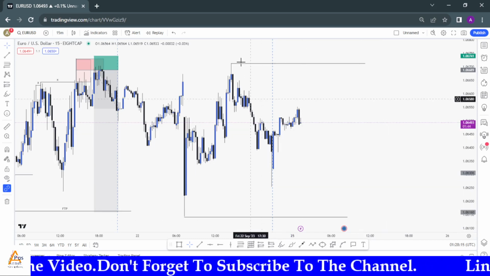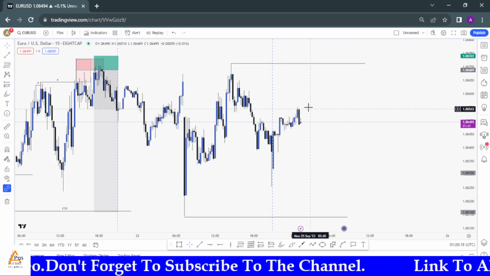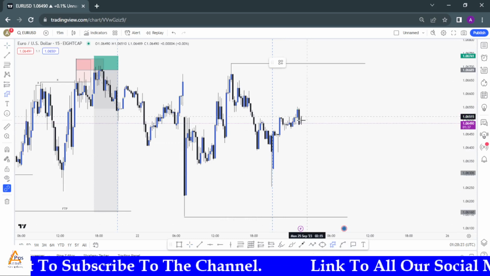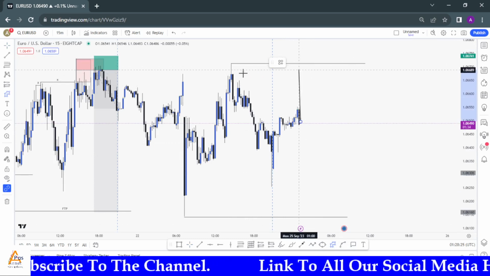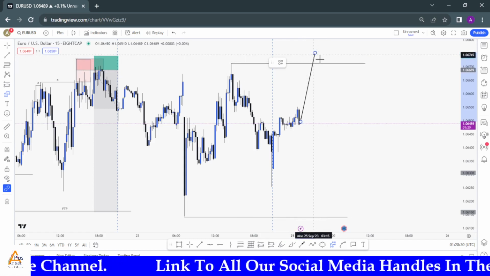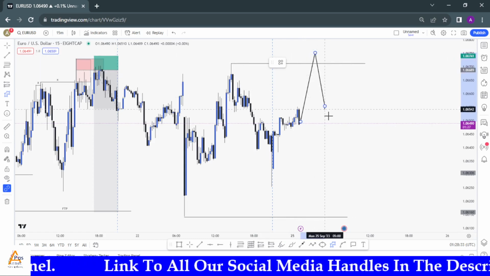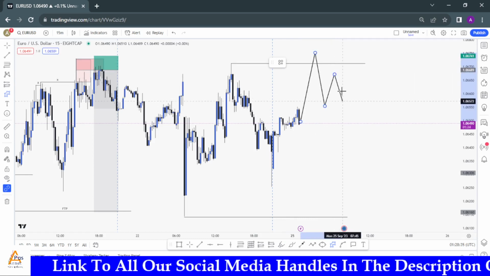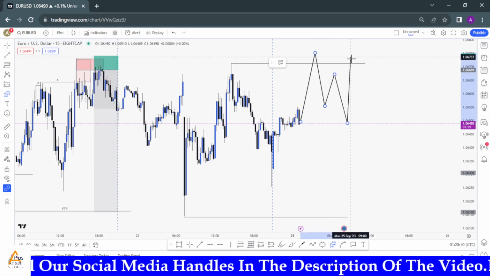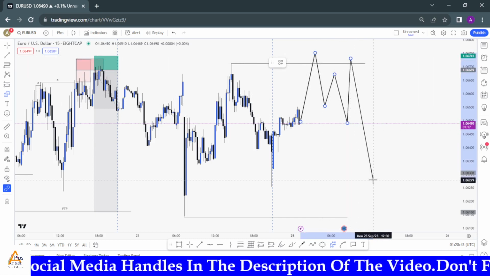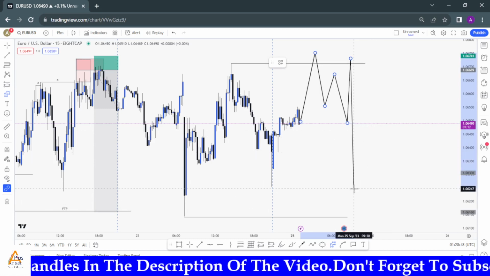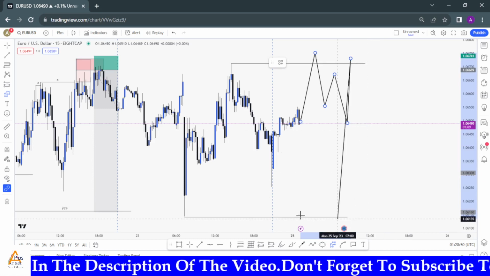For instance, let's say I'm looking for price to take out this liquidity over here, creating a single candle order block, pushing down, giving me maybe some inducement, taking that inducement and then giving me an entry over here before I make my entry, and then allowing the trade to move to my next liquidity.